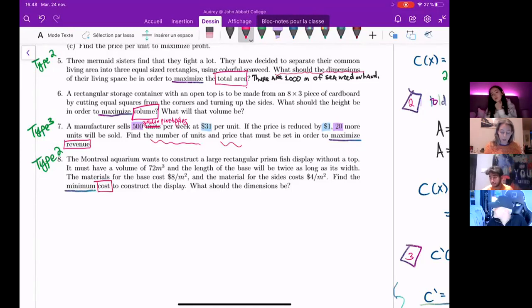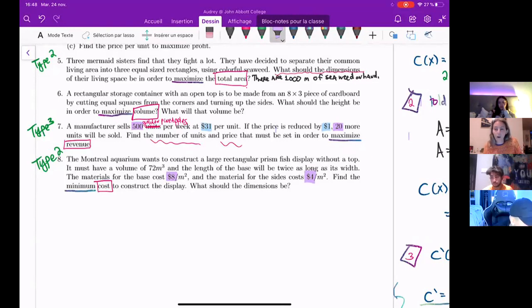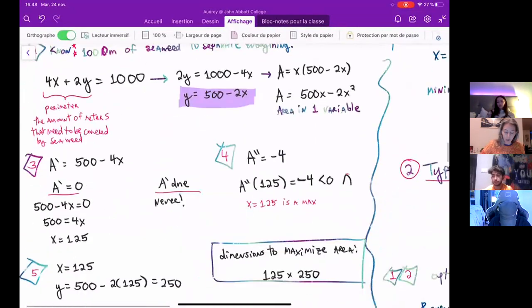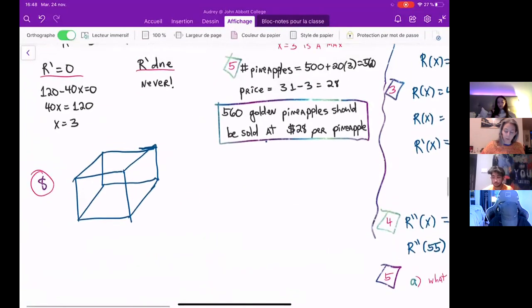So when I'm thinking about that, the information I'm given about cost is that the material for the base costs $8 per meter squared, and the material for the sides costs $4 per meter squared. So what I need to do here is find out how many meters squared there are in the base and the sides. Okay, so if we go back down and look at our picture, right now I'm not going to think about the rest of the problem at all.